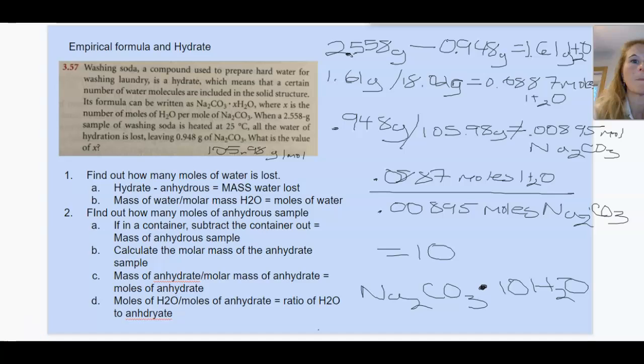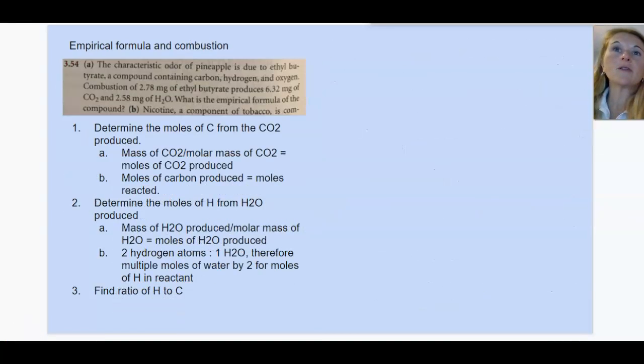Okay, now we're going to look at empirical formula with a combustion problem. The characteristic odor of pineapple is due to ethyl butyrate, a compound containing carbon, hydrogen, and oxygen.